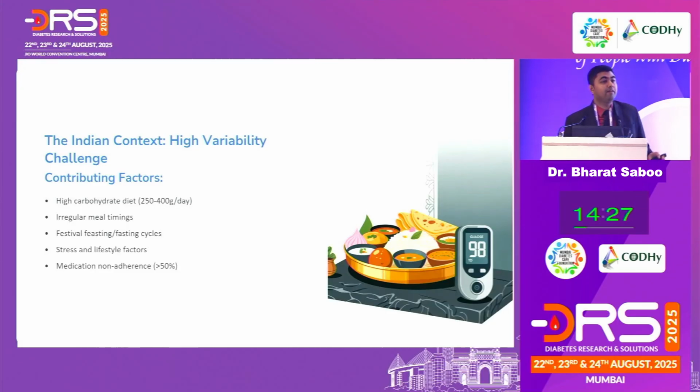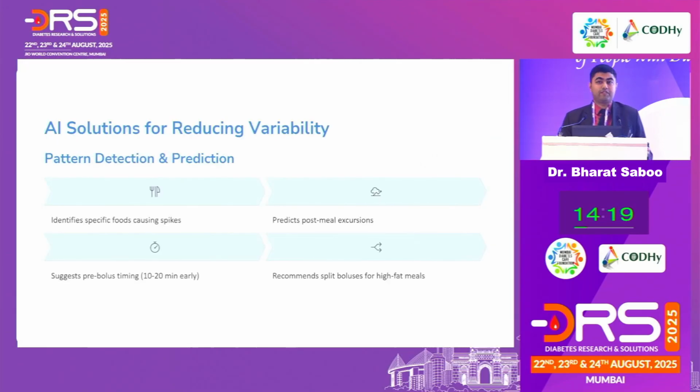We are a high variability population, with a lot of carbohydrate-rich diets and varying festive fasting cycles. North में डोसा अलग बनता है, south में अलग बनता है, west में अलग बनता है, east में तो अलग ही बनता है, right? So AI has the power to identify specific foods which cause spikes, integrate that with CGM spikes, and give you an outcome. That's something very interesting.